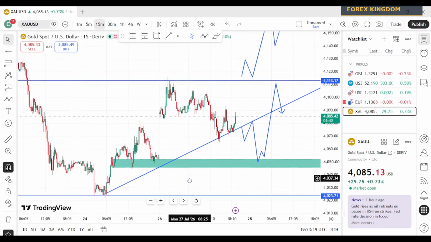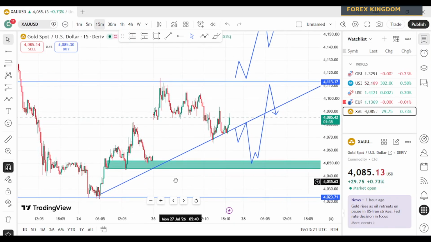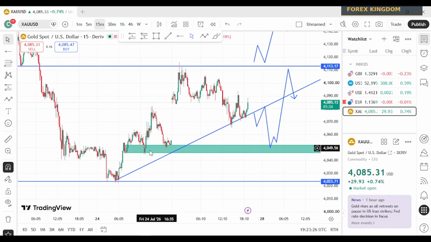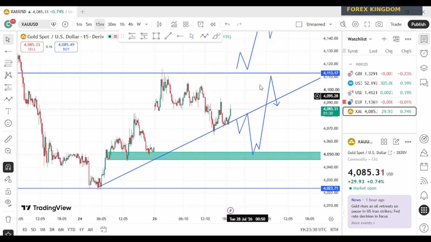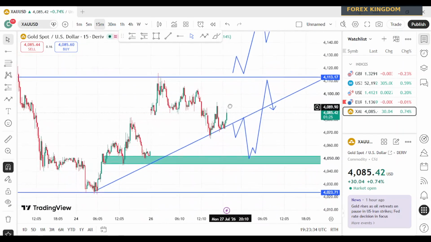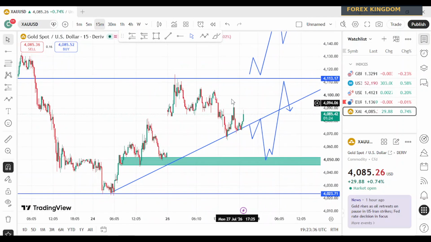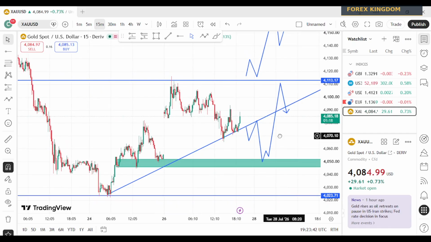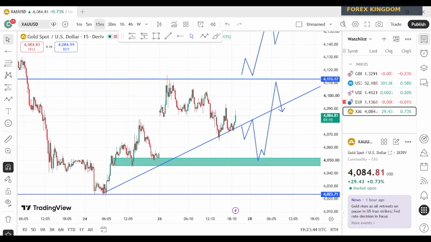These concepts collide at some point, they combine and become one. So we recognize a demand zone here based on the order block, and then a trend line here. We can wait for a bounce in here. That is how you can analyze gold and get a cleaner entry with ease, with confidence, and without panicking at all.